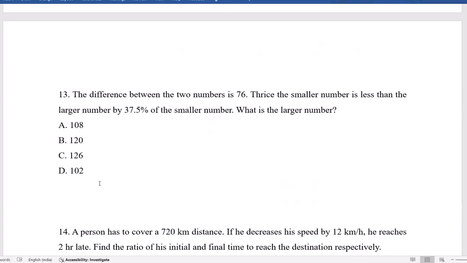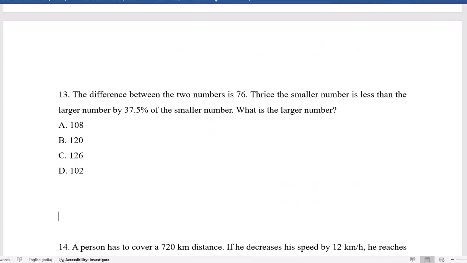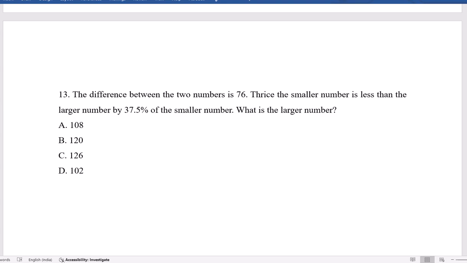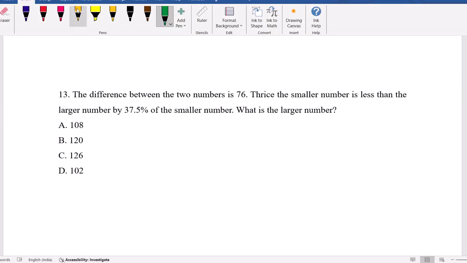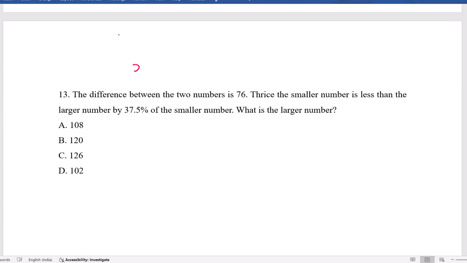Next question. The difference between two numbers is 76. Okay, pretty much cool. X minus y is 76. Thrice the smaller number is less than the larger number by 37.5% of the smaller number.